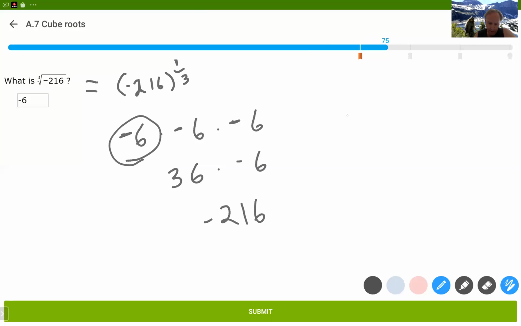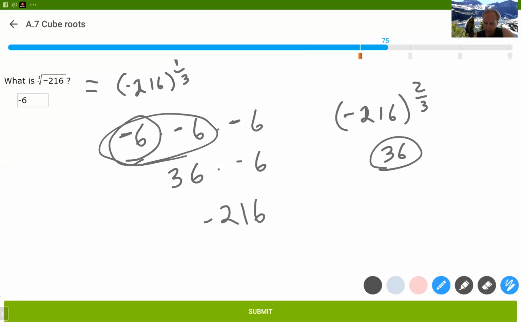By the way, if it's -216 to the 2/3, we want 2 of those multiplied together, which happens to be 36. Just some insight into what's going on. Anyway, thought you might want to see that.